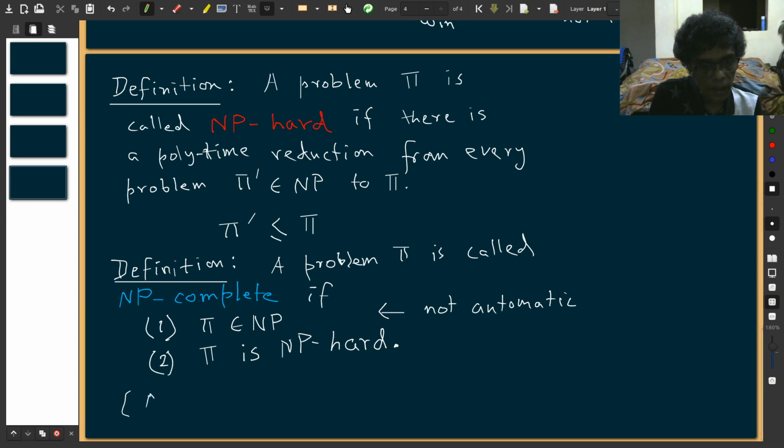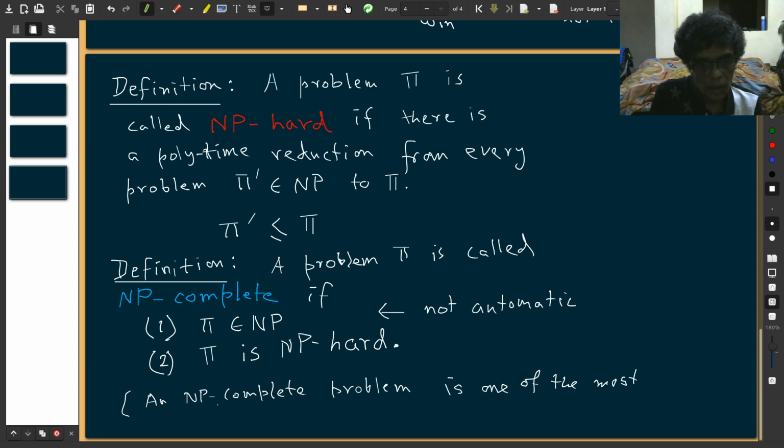So, an NP-complete problem, loosely speaking, is one of the most difficult problems in the complexity class NP.